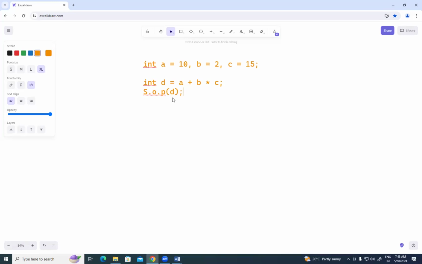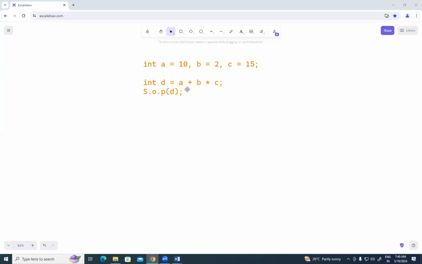Online people, what is the output? Yeah, the output is 40. See, don't calculate like this: 10 plus 2, 12, 12 into 15. Don't calculate like that, am I right?